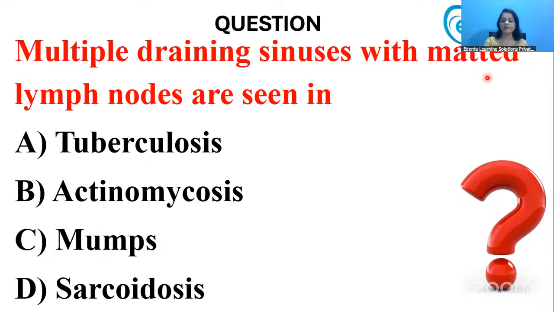Mainly tuberculosis. When the term draining sinuses is used, you can get confused with option B, actinomycosis, because actinomycosis also produces draining sinuses with sulfur granules. But matted lymph nodes with multiple draining sinuses are a characteristic feature of tuberculosis only.